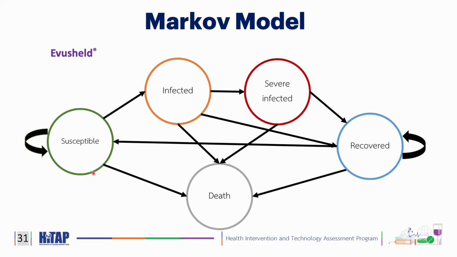But in case we provide the medication to this group of patients, we assume that patients in the susceptible state would shift from susceptible to recovered, which means their immunity is high enough to protect them from getting infected. And then it would help these patients reduce the probability of turning into the infected or severe infected stage.